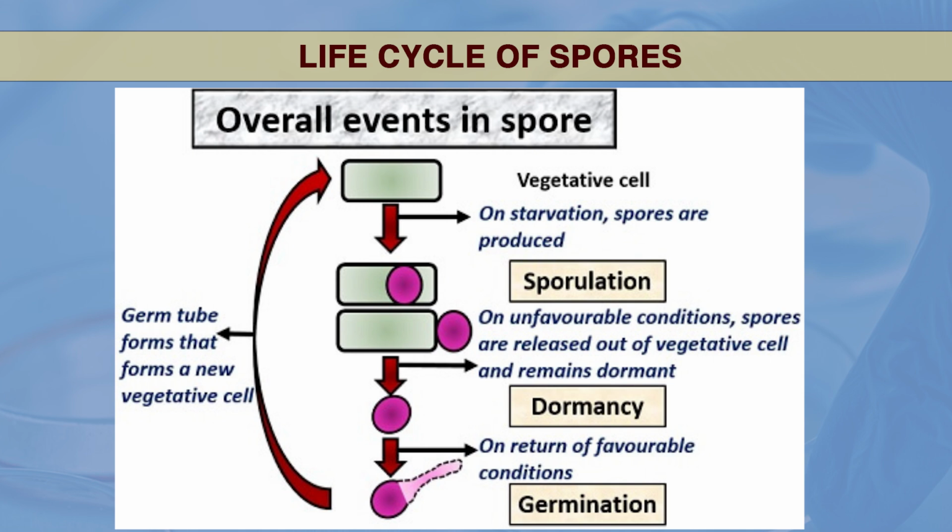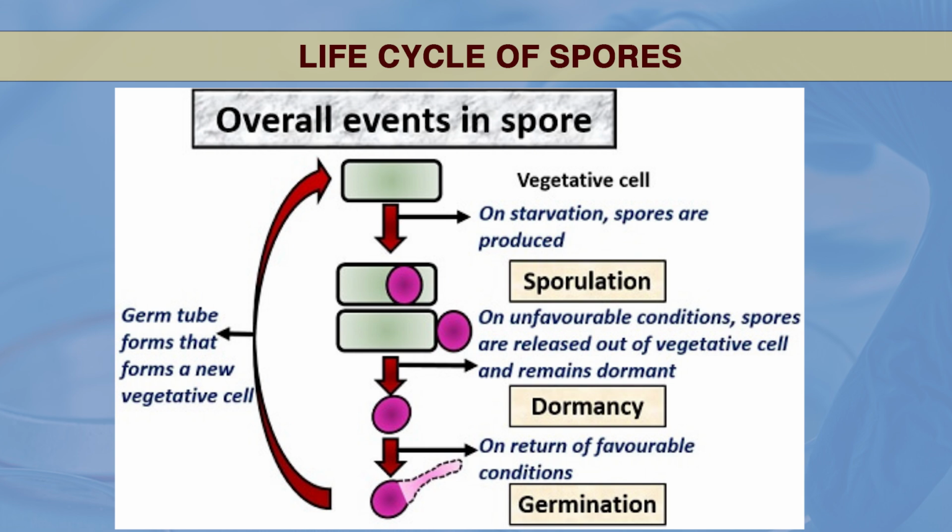If we see the life cycle of spores, it involves three stages. The first stage is sporulation, the second is dormancy and the third is germination. In the sporulation stage, as you can see in this pictorial representation, the vegetative cell on starvation produces spores, then sporulation takes place.